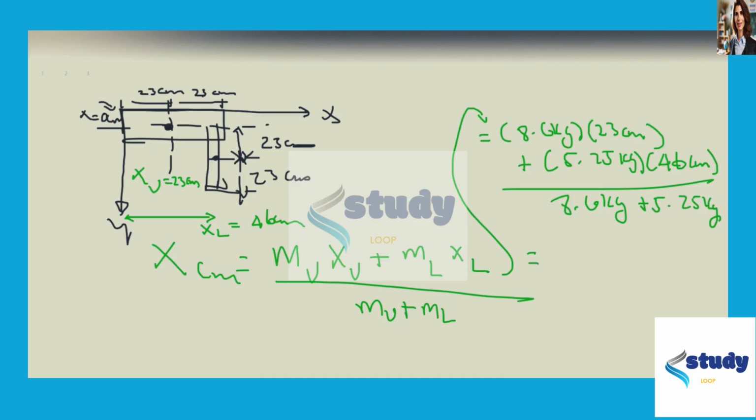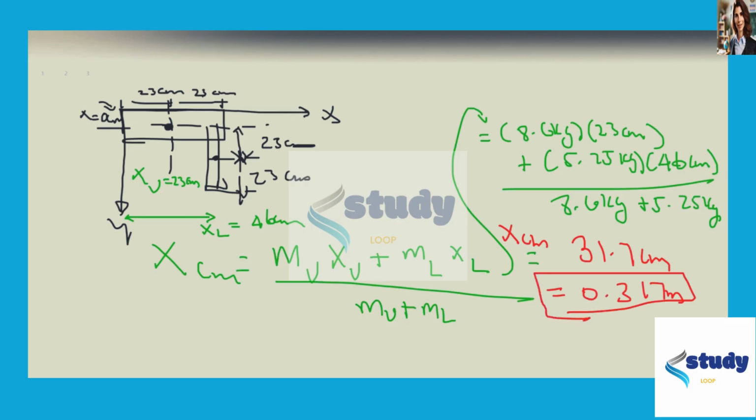And that's going to give us an x center of mass of approximately 31.7 centimeters. We can change that to meters, 0.317 meters. And that simply means that that's a horizontal displacement, horizontal distance from the hip.